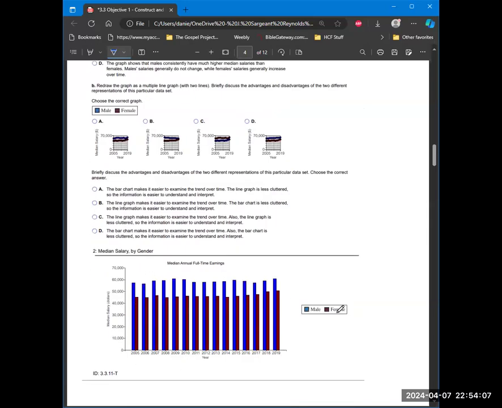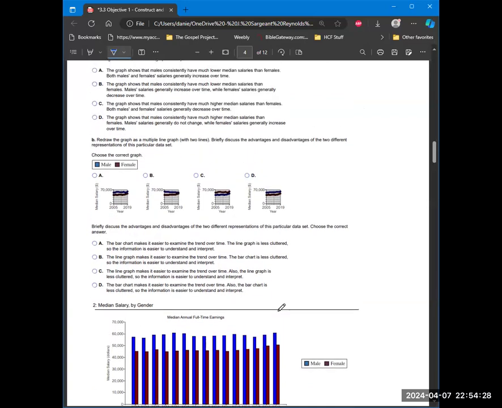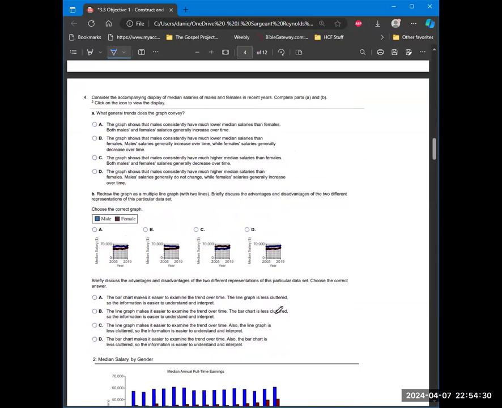So it looks like men have a higher median income on average than women, though men's median income has stayed fairly constant, whereas the median income of women looks to be going up, I'd say. But let's see what the answer is.